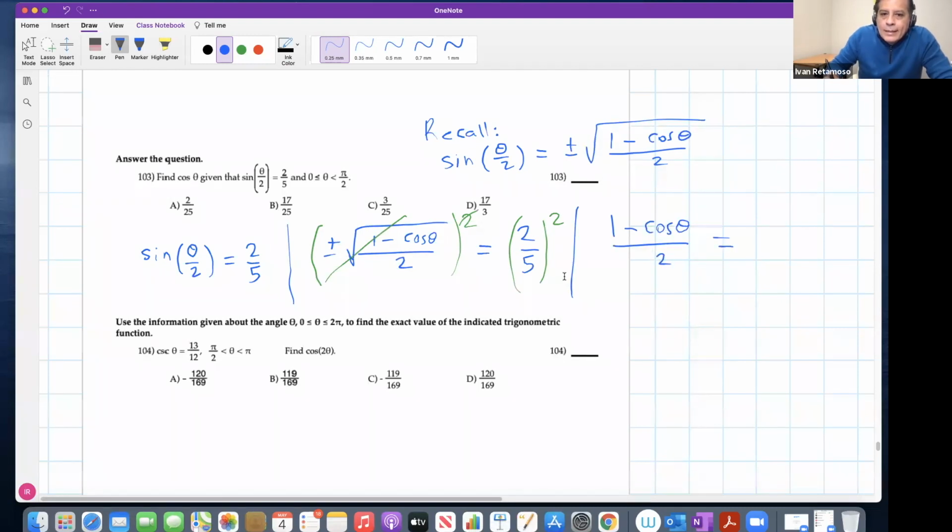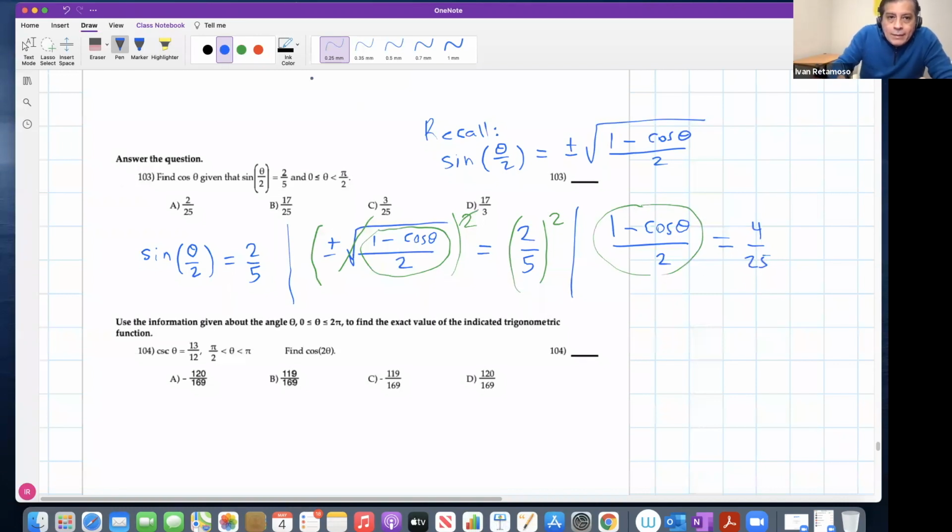Over 2 will be equal to, yeah, maybe we should do this nicely so you can remember that all I'm doing is removing the square. The rest, this part is this, right? All right, now 2 squared is 4, 5 squared 25, right? 25 here. Now I have to solve this equation.